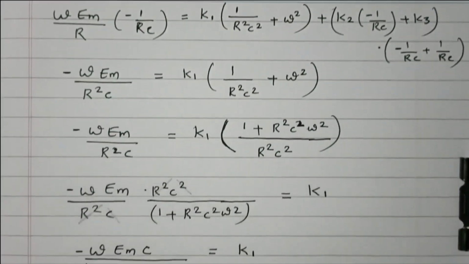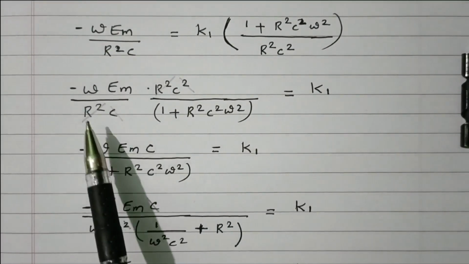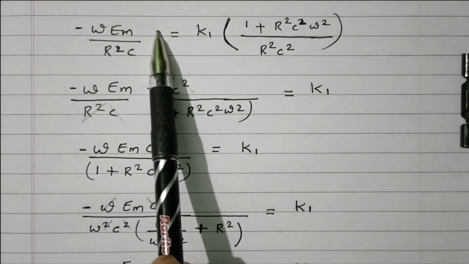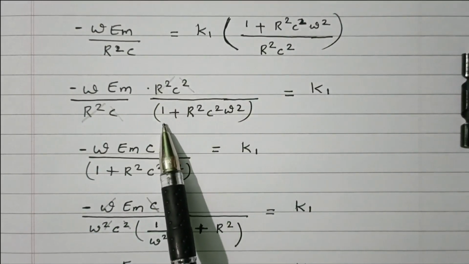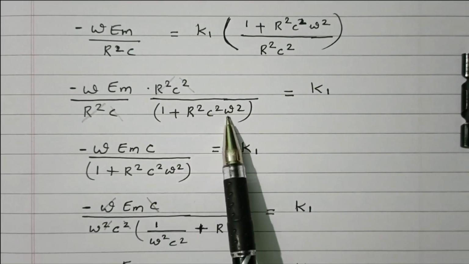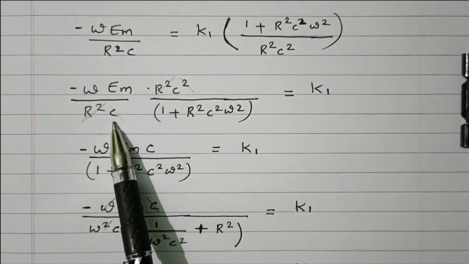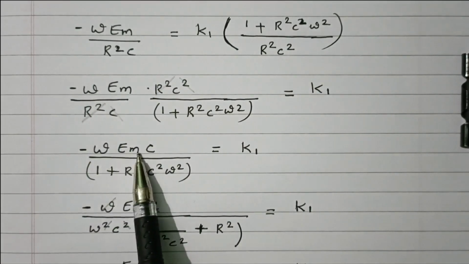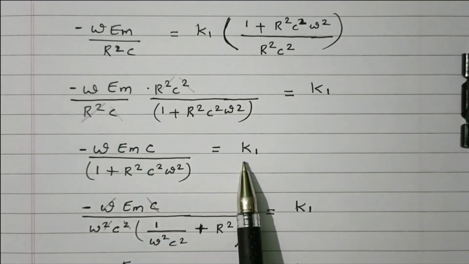Minus omega Em divided by R square C: this term goes to the numerator and this term goes to the denominator, so R square C square divided by 1 plus R square C square omega square. So R square gets cancelled, and one C term gets cancelled. So minus omega Em C divided by 1 plus R square C square omega square equals k1.